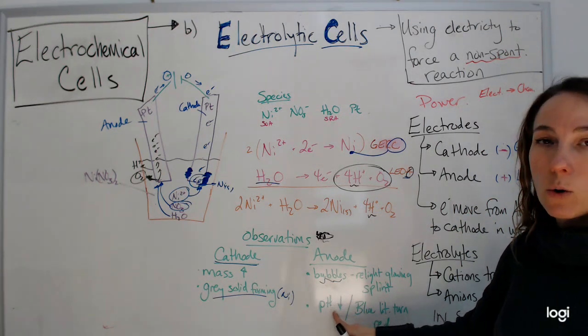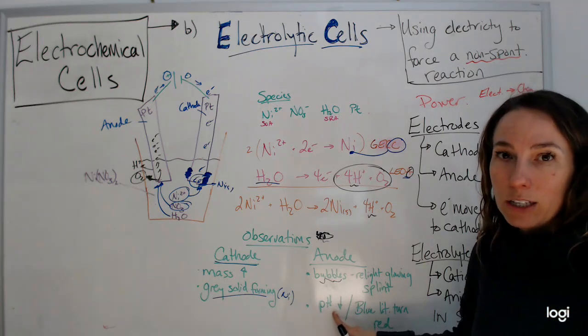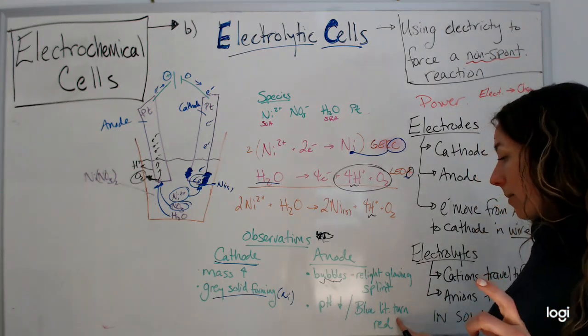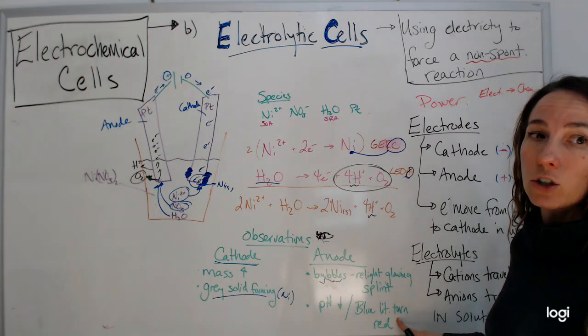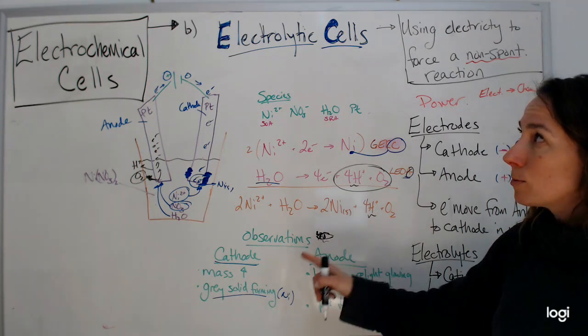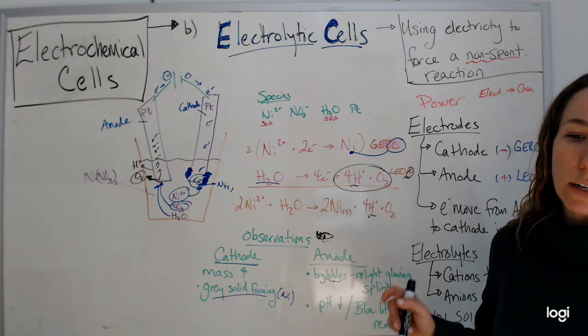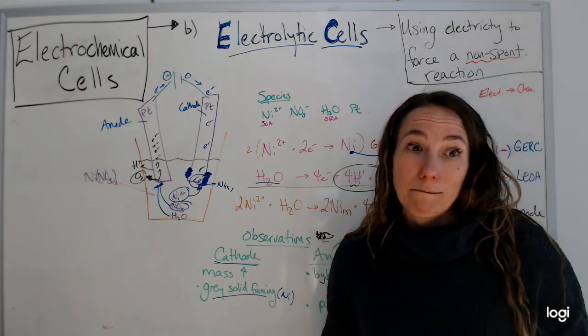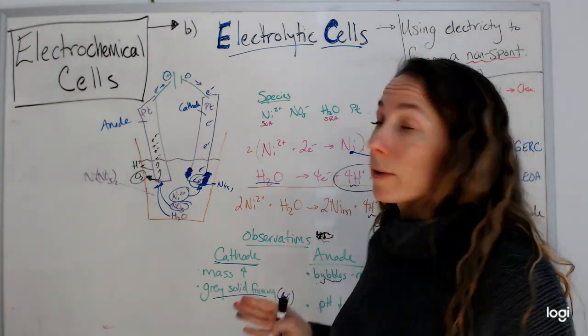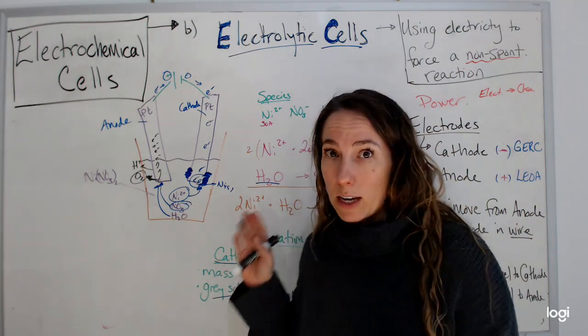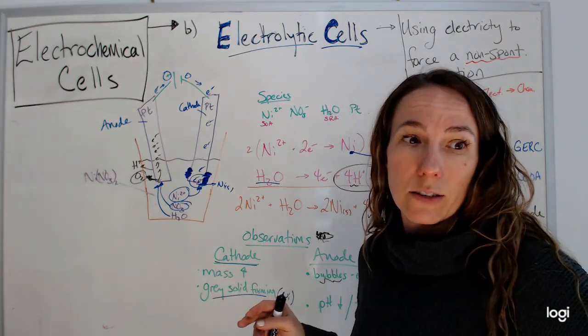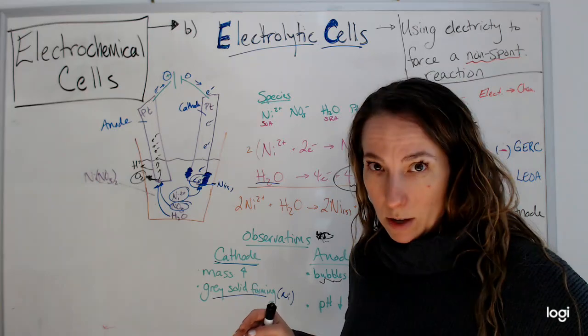The H+ will be seen as a pH decrease, maybe by a pH meter, or maybe because blue litmus paper will all of a sudden turn red. So those are my observations for this electrolytic cell. And that's the electrochemical cells, the second type of electrochemical cells: electrolytic cells, non-spontaneous cells.